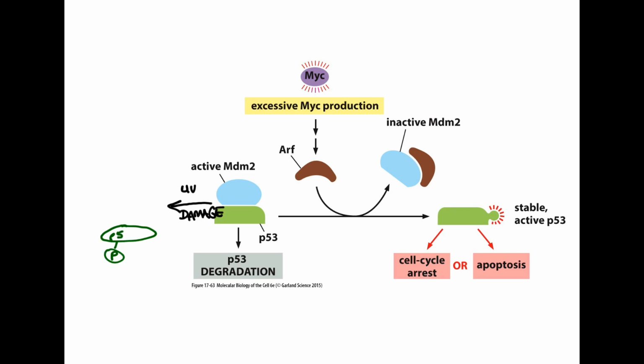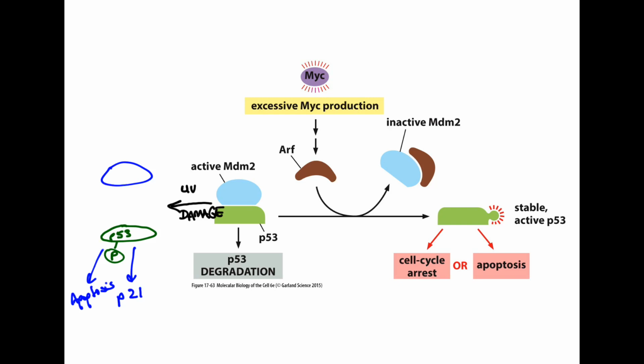So now you have P53 freed from the chains of its controller, and once that happens, then it can go on and turn on the genes for cell cycle arrest, which is what we associate with, let's say, mild or correctable DNA damage. Or if that doesn't work, then the fail-safe mechanism is apoptosis. And we'll talk about that again in the next video.